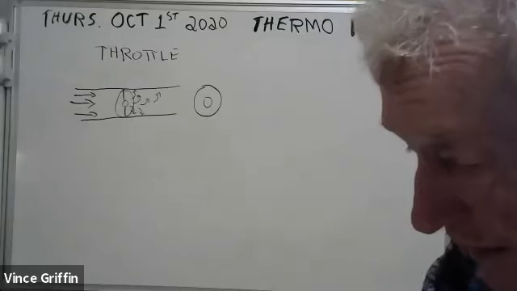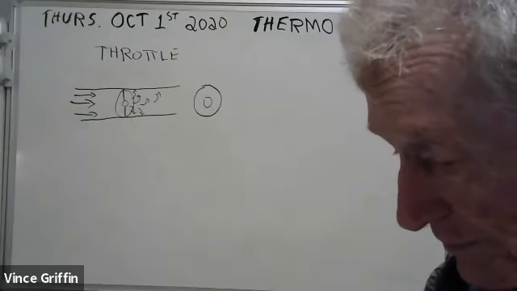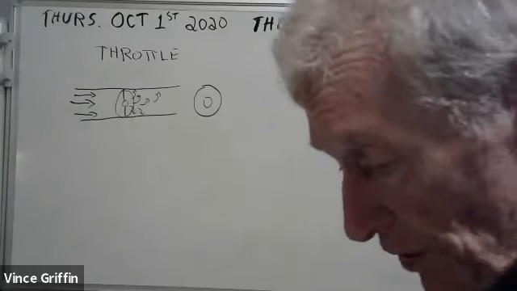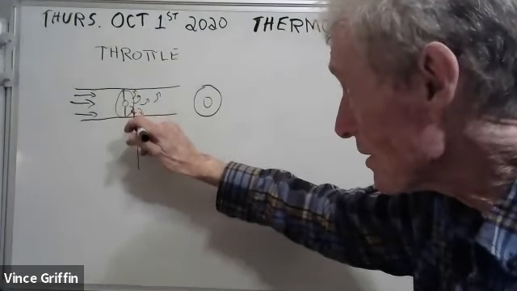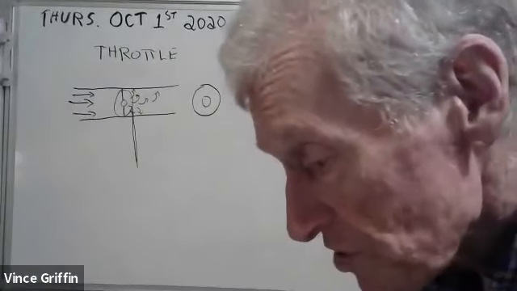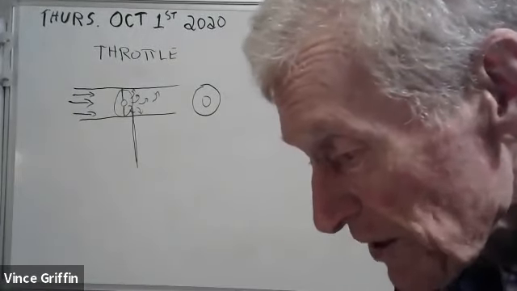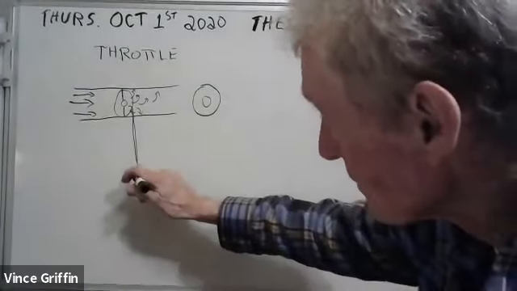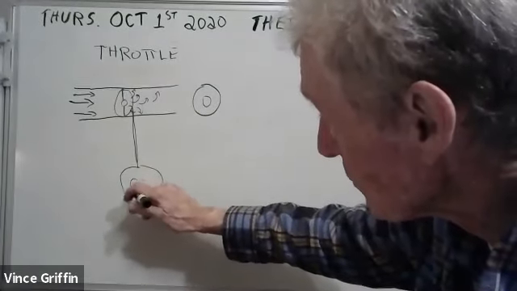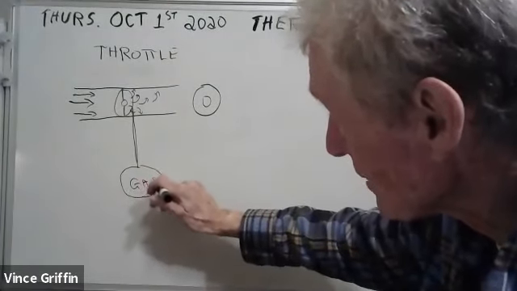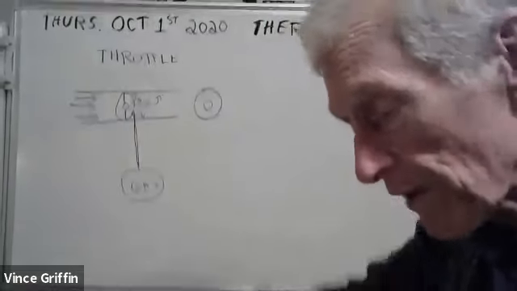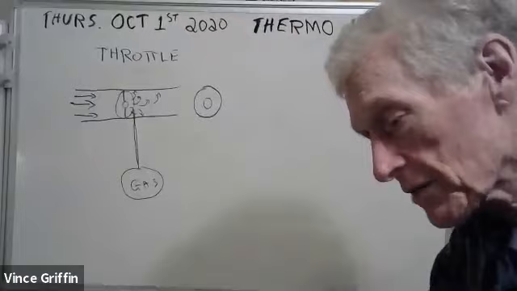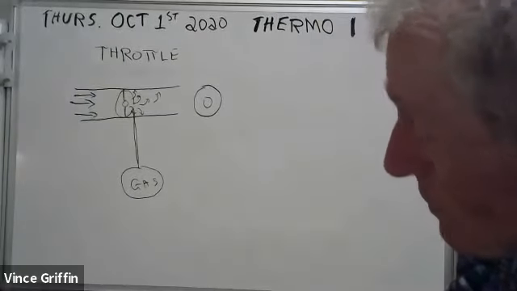Now, the reason why I had a throttle in my first car was that when that pressure goes down, they had a gas line coming in here, and it sucked gas because of the low pressure. It had a vacuum. It creates a low pressure, and that vacuum sucked that gas into my intake manifold.